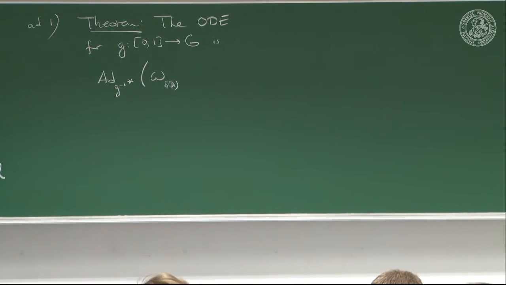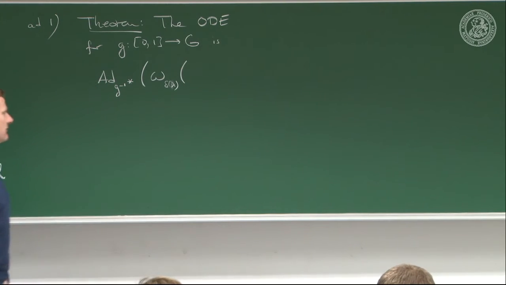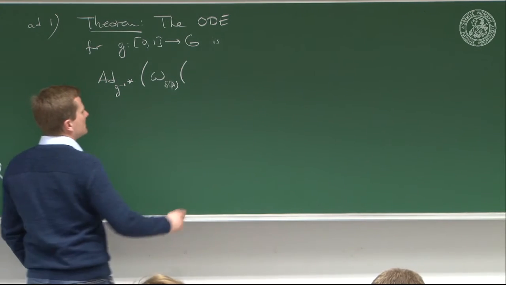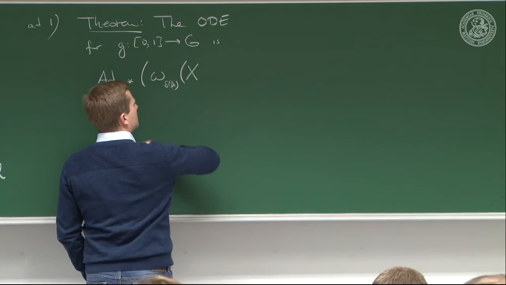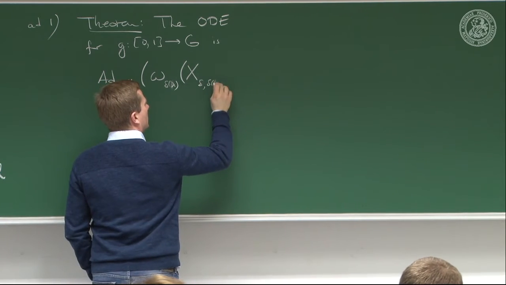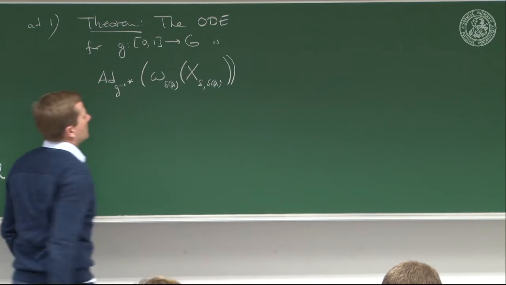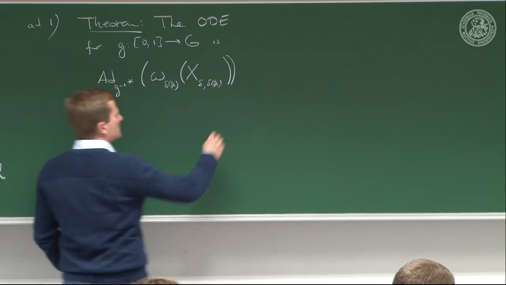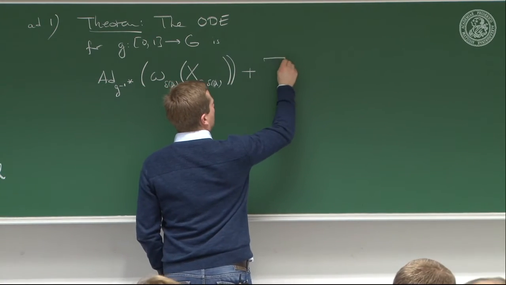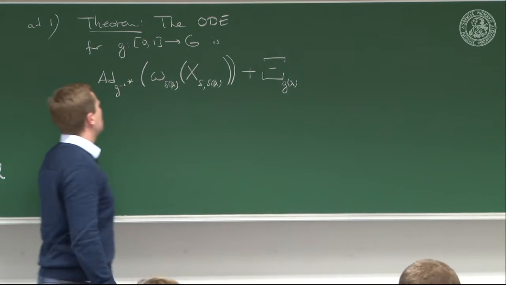So we move along this arbitrary curve and we plug in a tangent vector in the principal bundle, which will just be the tangent vector to this arbitrary curve at each point delta of lambda, plus the Maurer-Cartan form along g of lambda.